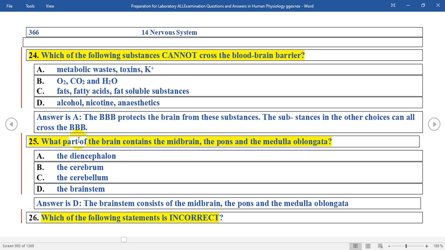25. What part of the brain contains the midbrain? A. Pons and medulla oblongata, B. diencephalon, C. cerebrum, D. cerebellum, E. brainstem. Answer is D. 26. Which of the following statements is incorrect?